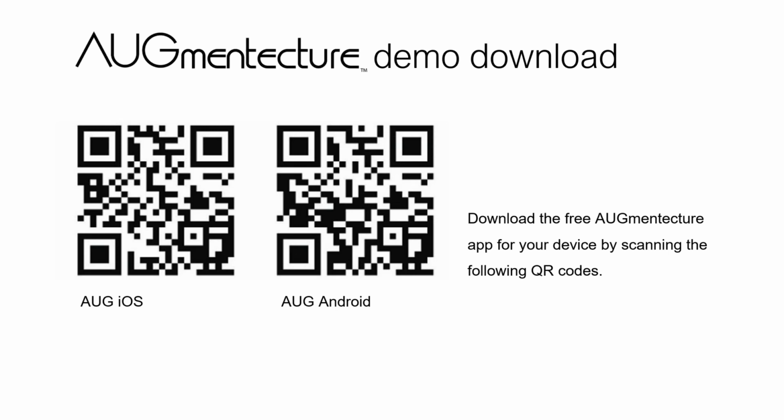If you have an iOS device, scan the iOS code, and if you have an Android device, scan the Android code, and you'll be guided towards either the App Store or Google Play in order to download this application. So I will allow you to do this, and hopefully you're in the process of downloading this and following along.